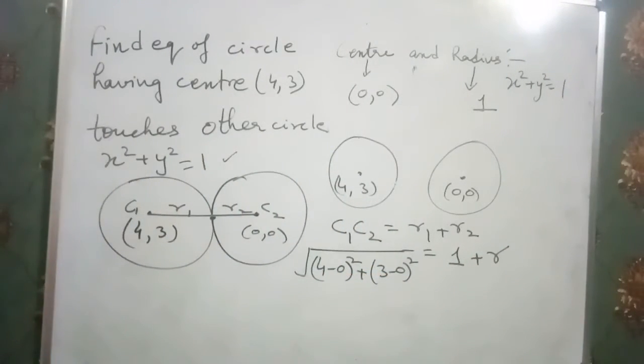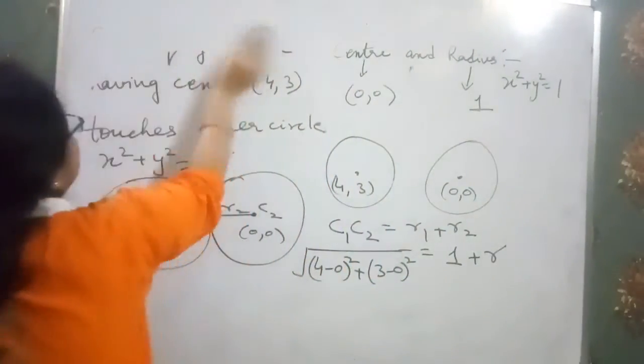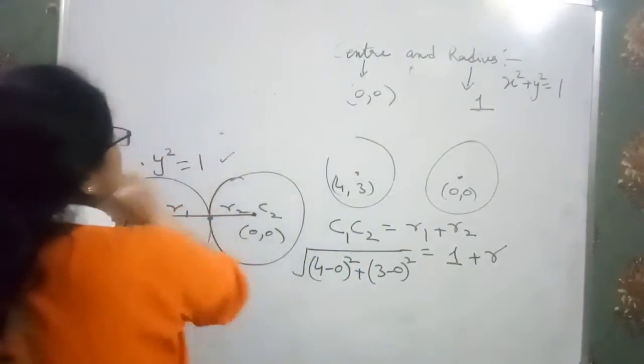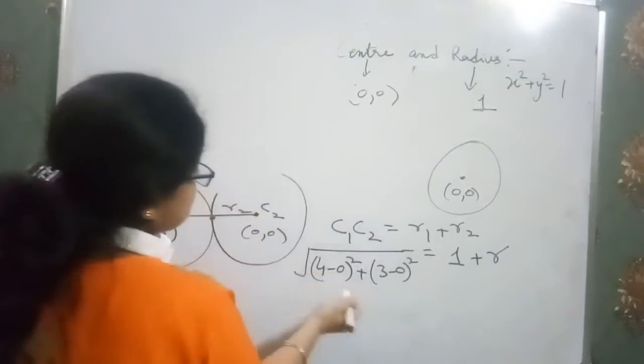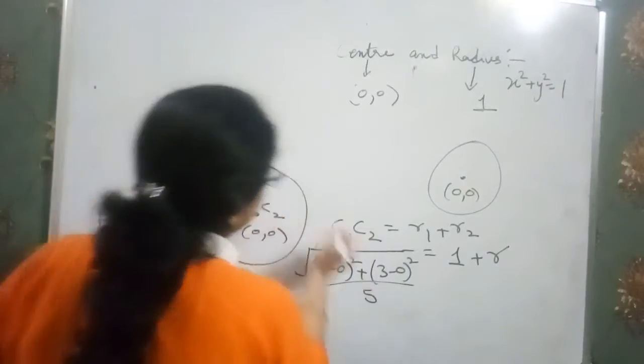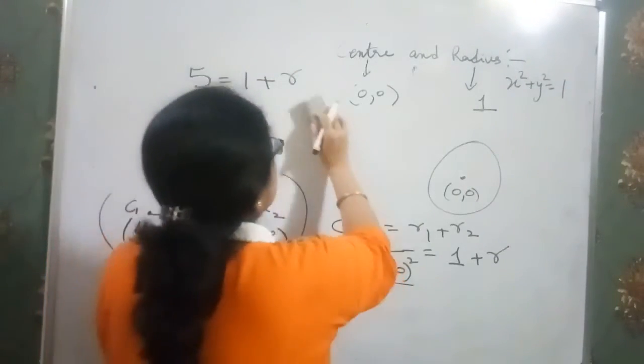Now we have to solve this. Just do it in this way. That means this is 5. 5 is equal to 1 plus r. Clear?